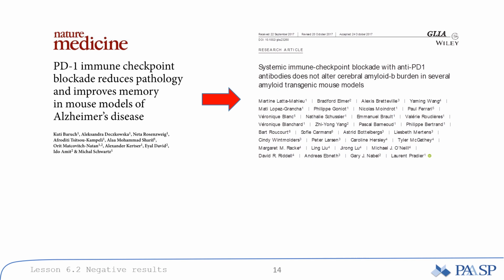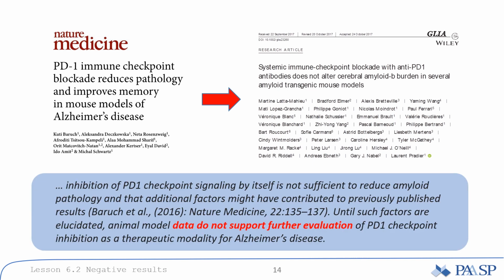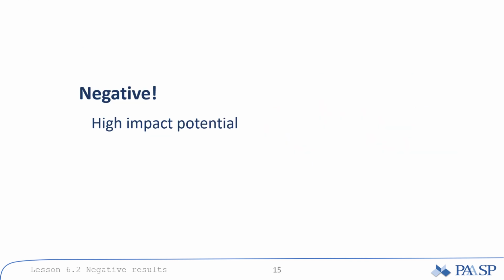Indeed, when combined, evidence coming from independent laboratories provides much more confidence, and the conclusion published together by the 3 pharma companies was that the animal model data do not support further evaluation of PD-1 checkpoint inhibition as a therapeutic modality for Alzheimer's disease. So, we have given an affirmative answer to the question whether our results are indeed negative.